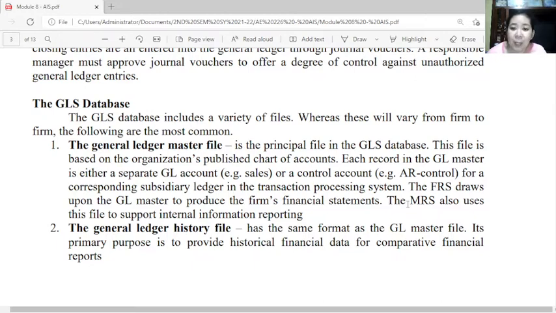We all know that in financial reporting, there are financial reports that need to be submitted to outside parties such as government agencies for regulation. And for the management, we also have management accounting and cost accounting for internal information reporting and decision-making purposes. All of the input in preparing these financial reports will be coming from our General Ledger Master File.